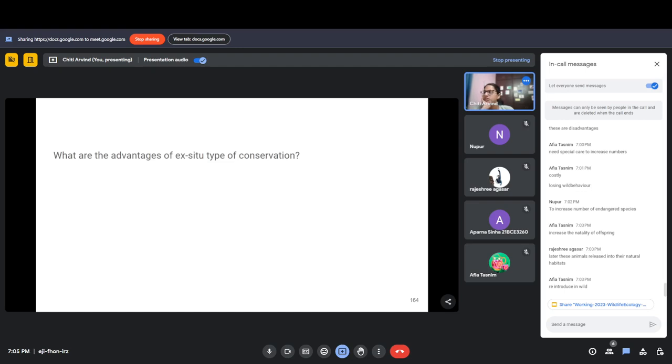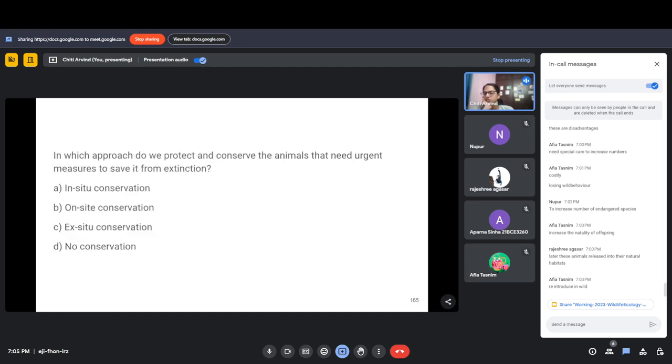All right. So moving on to the next question: in which approach do we protect and conserve animals that need urgent measures to save them from extinction? Do you have in situ conservation, on-site conservation, ex situ conservation, or no conservation?